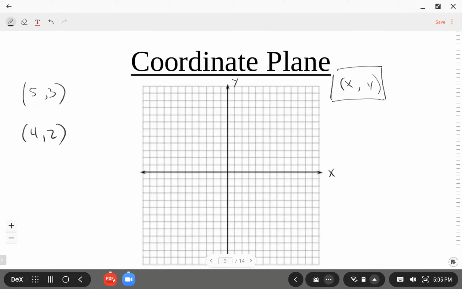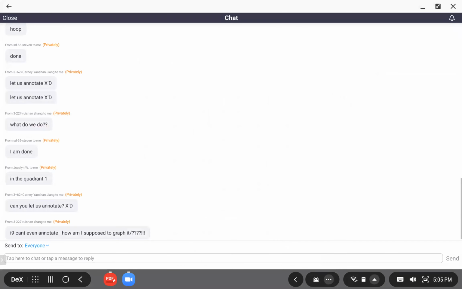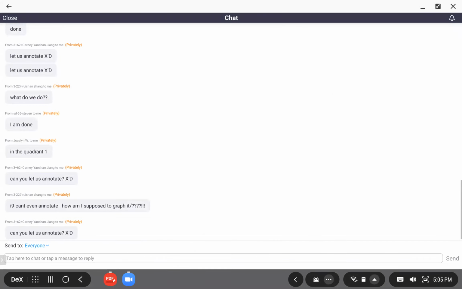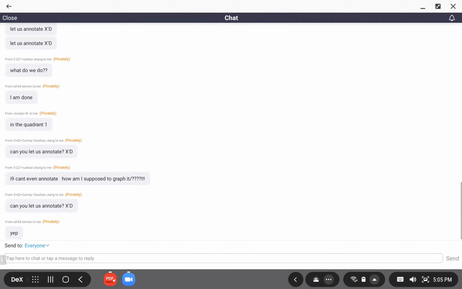These are just small warm-up exercises. You don't really need to put the answer in the chat box, but please do them to warm up your brain. So is everybody done with that? Just graph it on your own paper, okay?